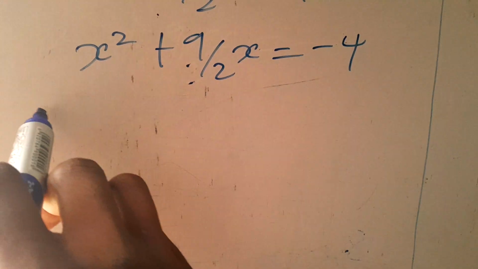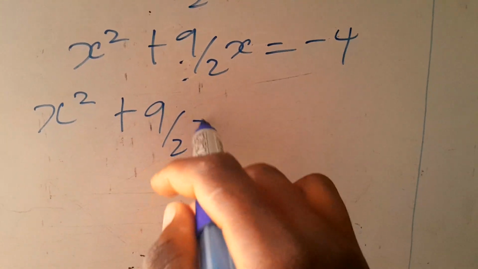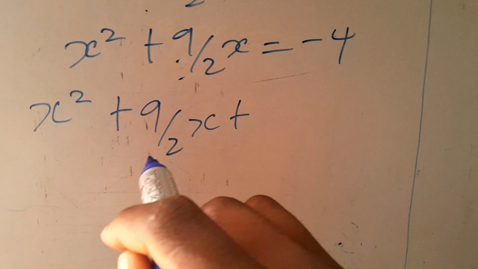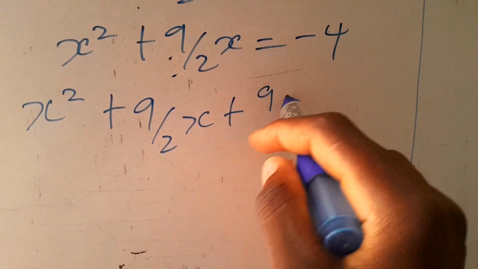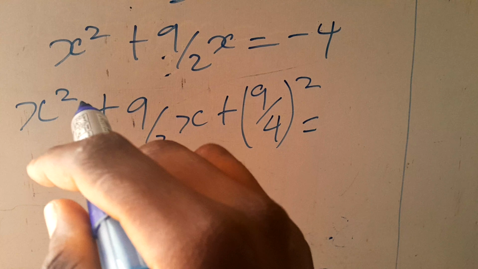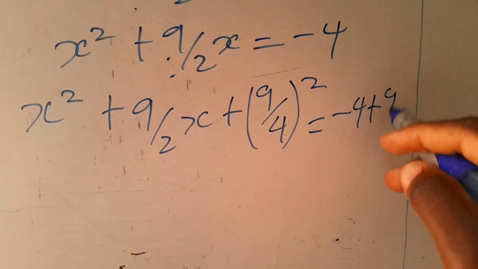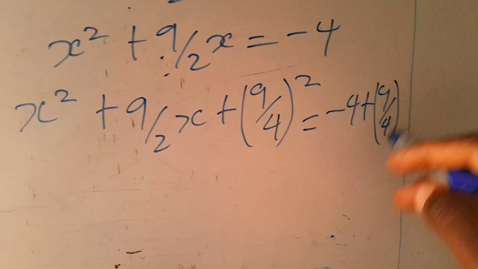For example, we will have x squared plus 9 over 2x plus the coefficient of x divided by 2, which will be 9 over 4, and then it is squared. We have added it on this side, we also add it on the other side. We have 9 over 4 squared.